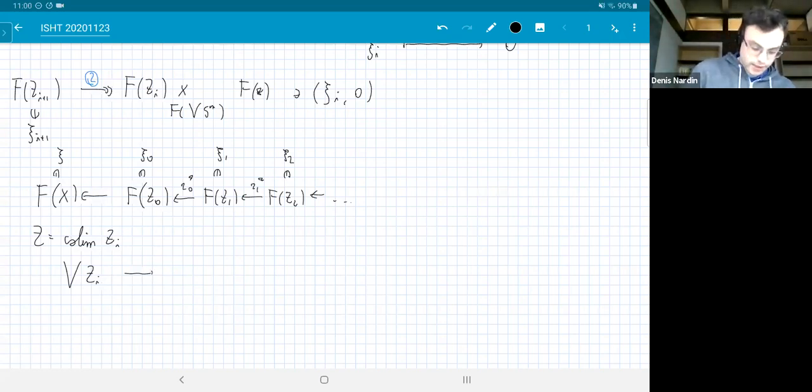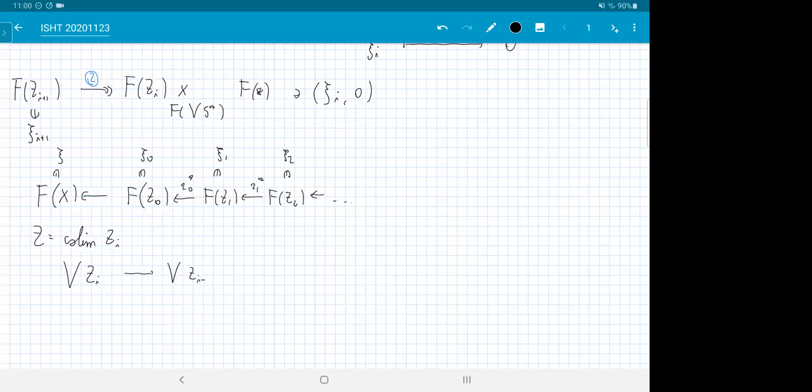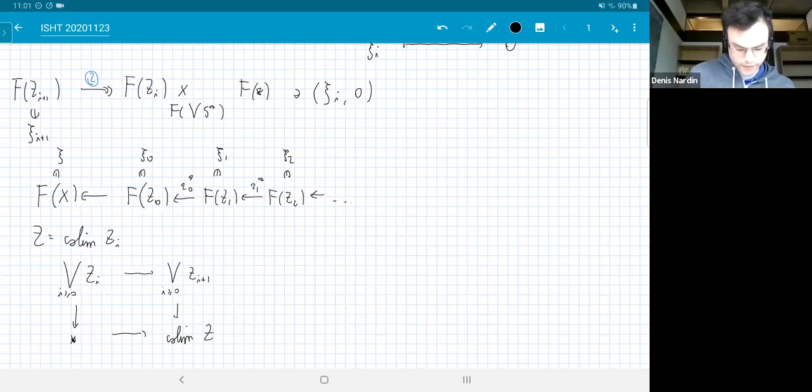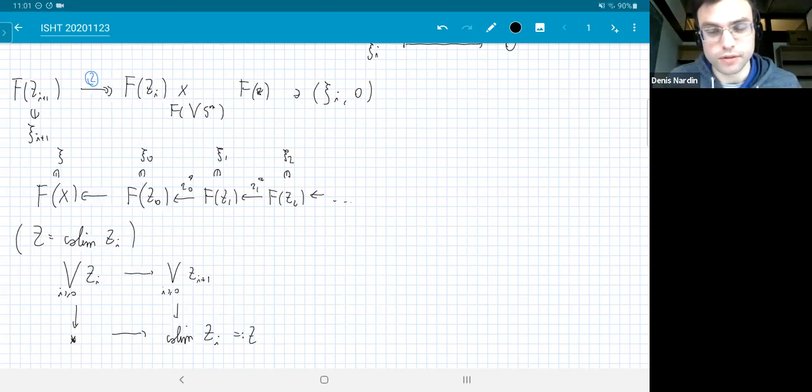And actually, now that I'm thinking about it, I actually don't need that z is the colimit of these z_i. I can just also define it as this pushout if you don't want to use the formula. It doesn't really matter.